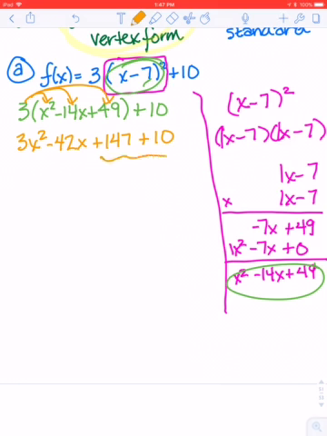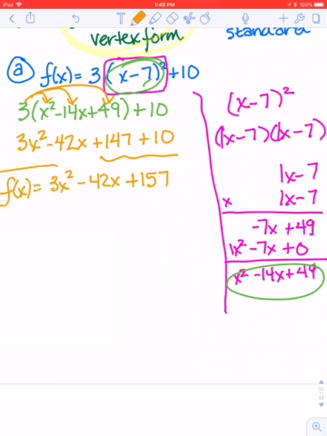And then the only thing that's alike are those two. So positive 147 and positive 10 is positive 157. And I would bring the rest down and add my f of x in front. So that's going to be my final answer.